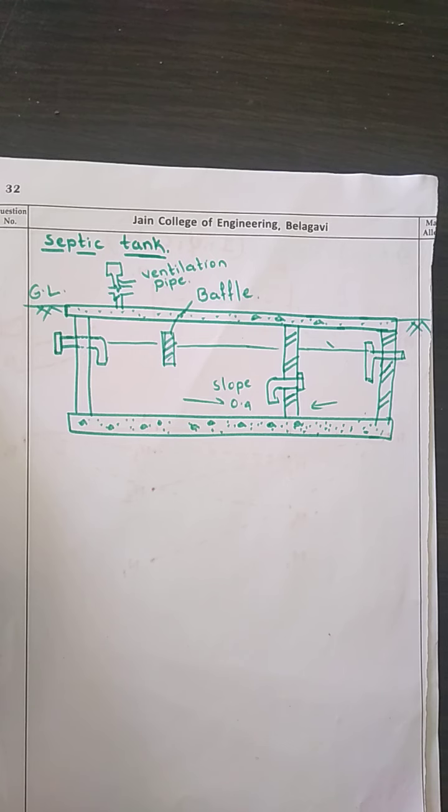Now, a septic tank is a special form of sedimentation tank which has a longer detention time. Here the digestion of the settled sludge takes place. The septic tank is a combined sedimentation cum digestion tank.